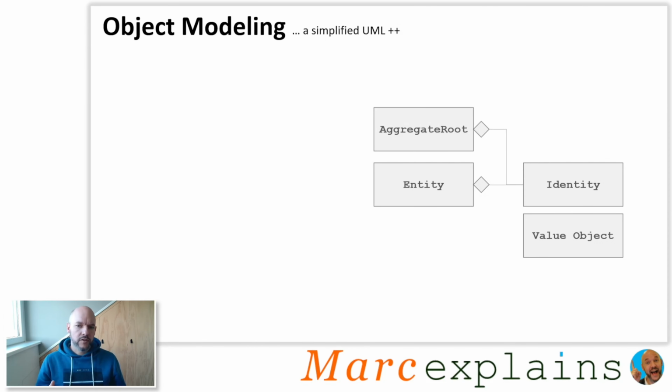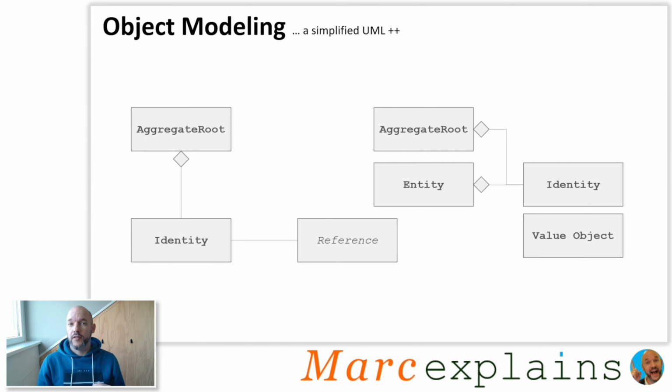So the aggregate root is the base or the root of this whole collection of entities and value objects. When you reference something inside an aggregate, you always need to reference the aggregate root and the entity itself. So if you reference another entity, always reference the identity of the aggregate root as well.